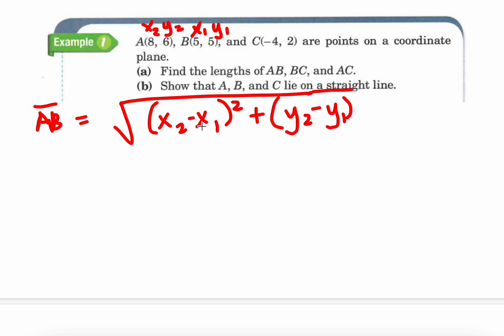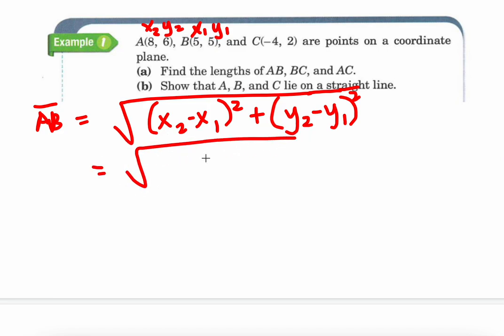So if you're doing x2 minus x1 here, make sure that it is also y2 minus y1. Don't mix it up and change the order, because you do want to count in the same order when you're figuring out their difference, okay? So if you're going to change it to 2 and 1 for the x, then make sure it's 2 and 1 for the y as well.